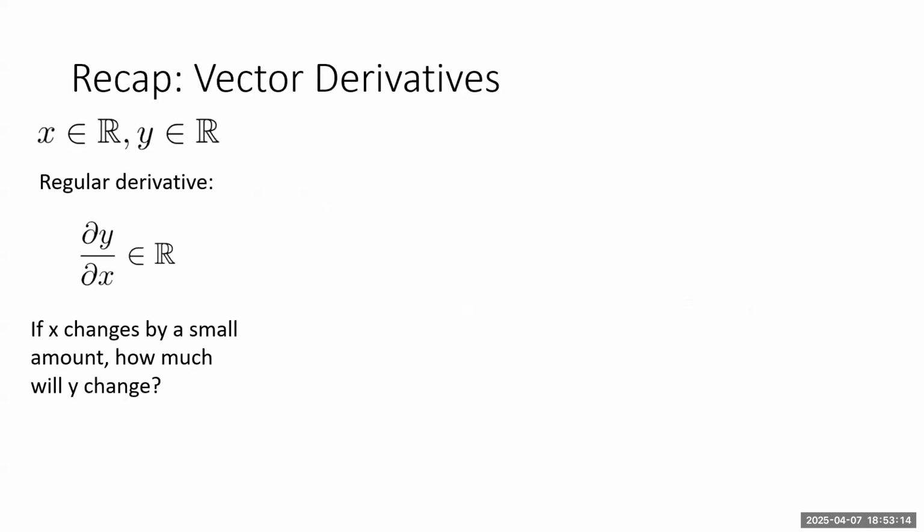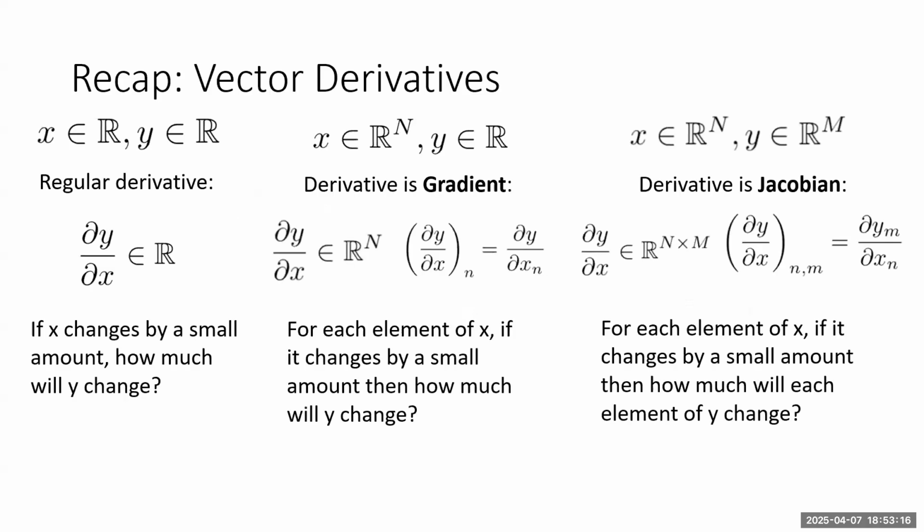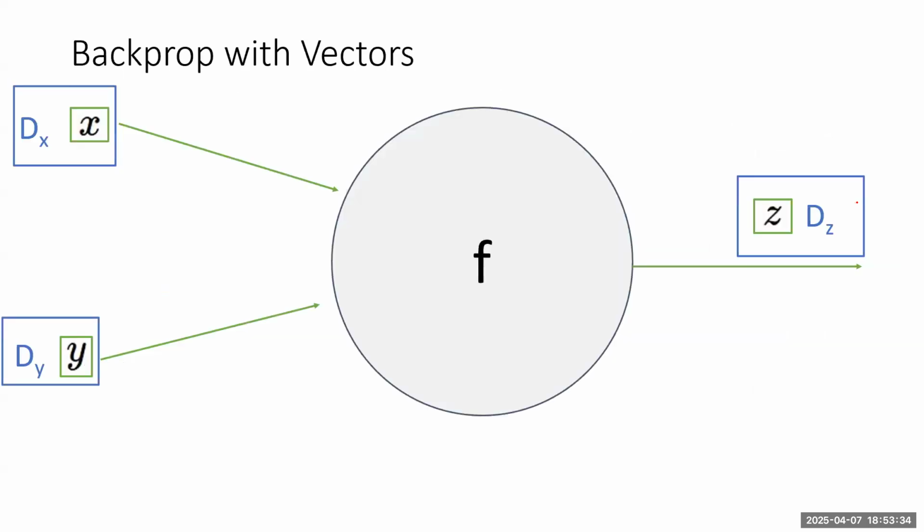I need to adjust whatever we covered so far for the simple derivative technique into a multi-dimensional derivative technique. In this case, the derivative is called a Jacobian. Okay? So if I have a vector of x and a vector of y, which will generate a vector of z.